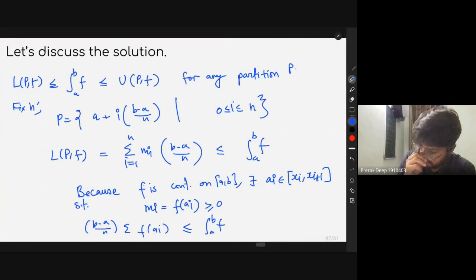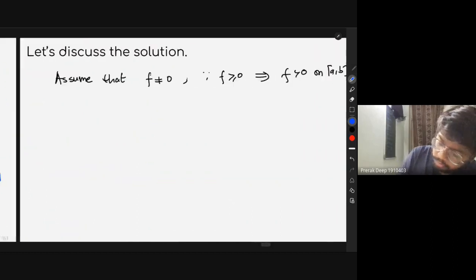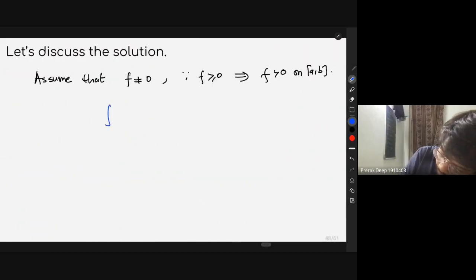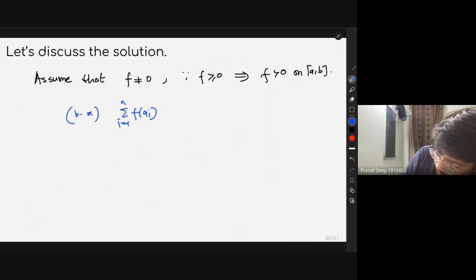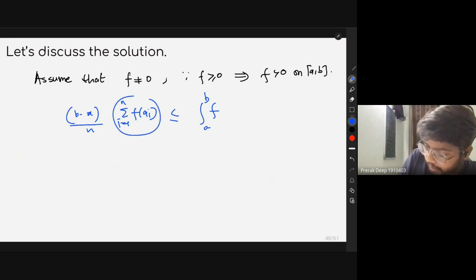So what does this reduce this star equation to? We have the sum of f(a_i) from 1 to n times (b minus a) divided by n, equal to this integral. Now this whole quantity is positive.